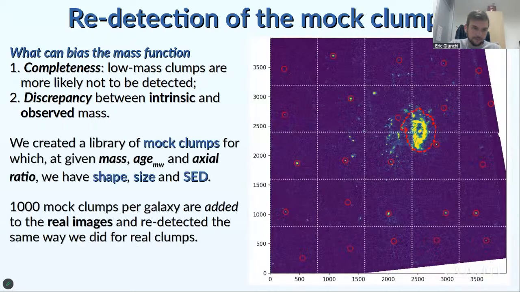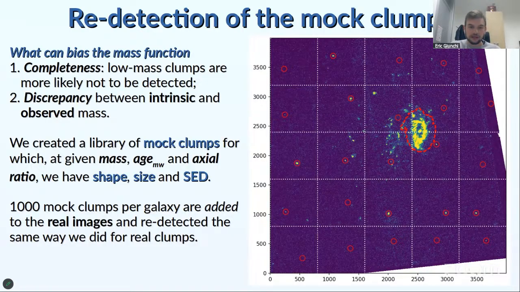So we created a library of mock clumps that, given a mass, an age, and an axial ratio, can give us the physical shape of the clump in the image, the size of it, and also the spectral energy distribution. And this is all based on the real data that we have.